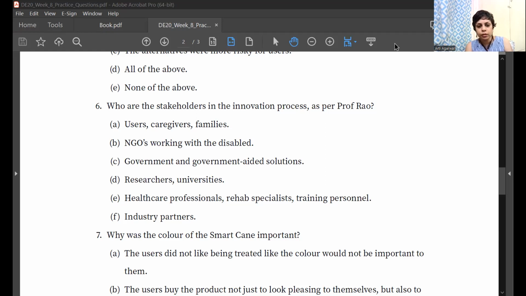The third option is the government and government aided solutions. Now, the thing with the government and government aided solutions is that a lot of times they are not created keeping a lot of the existing problems in mind.